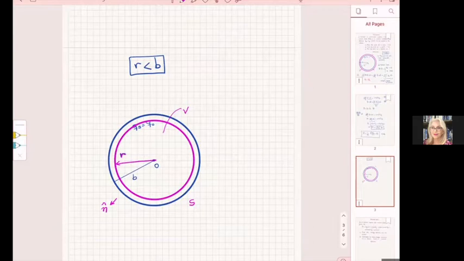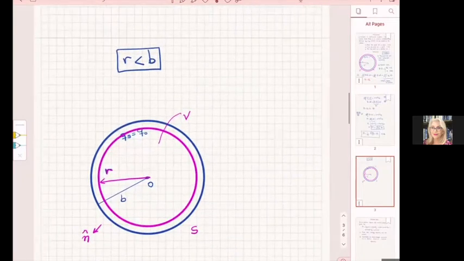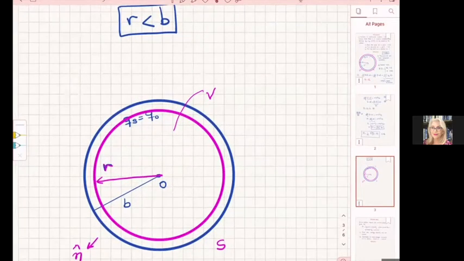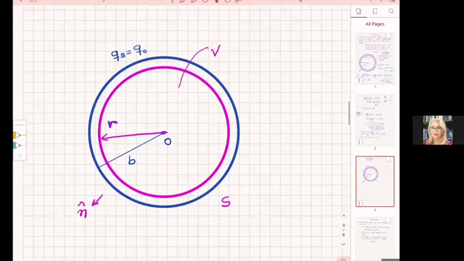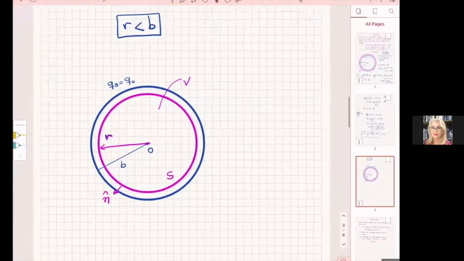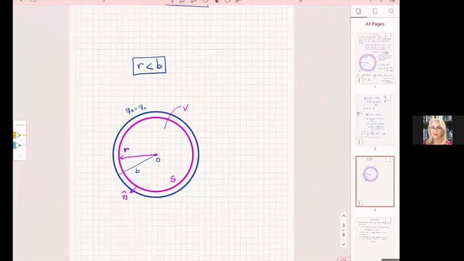I will take this one. There. Okay, this is B still. And this one here goes here. And this one here goes here. So I do exactly the same, but I have just moved my volume inside.